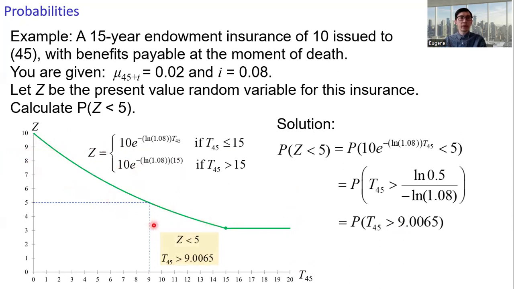This corresponds to the event T45 is greater than 9.0065. In actuarial notation, we get the survival probability. We need to compute this quantity. We get 0.8352.